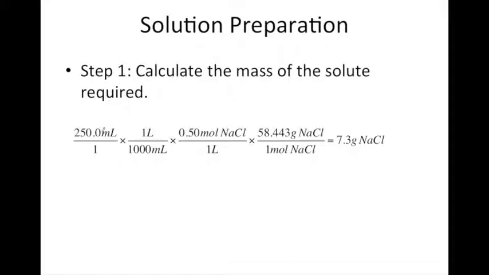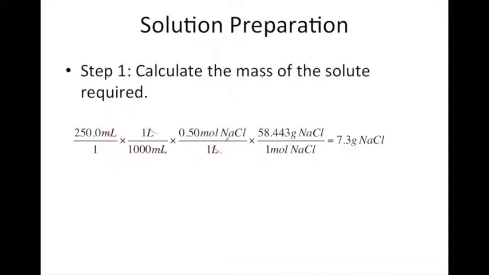I took my volume and changed it into liters using the conversion. Now I use my molarity, which is 0.50 moles of sodium chloride per liter, to convert my volume into moles. So now I know how many moles of sodium chloride I need to prepare the solution.